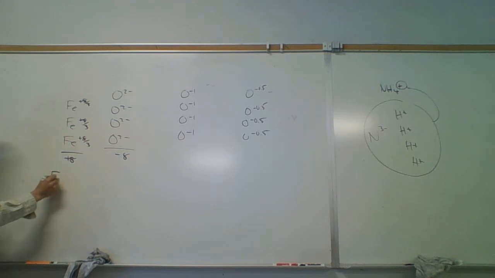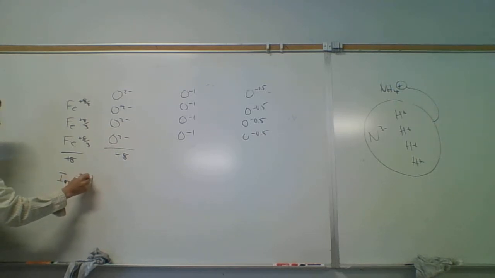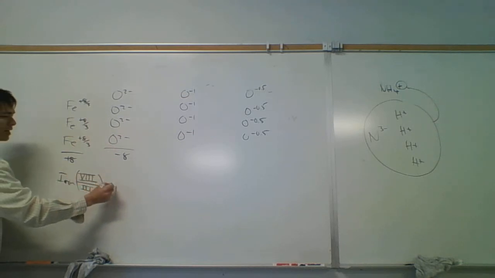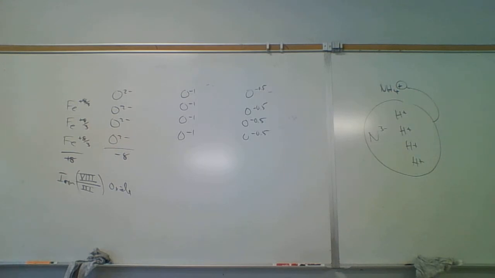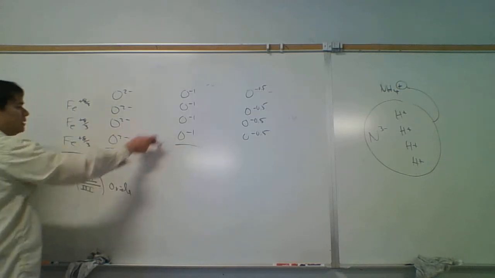And so this would be called iron(8/3) oxide. Does that look right to you? Iron 8 thirds oxide? Oh, we get the same kind of weird thing happening here. It could be 4 thirds.